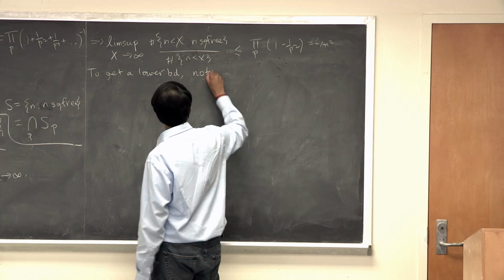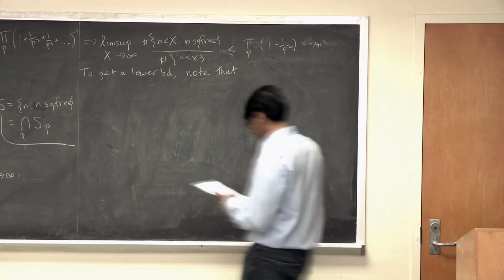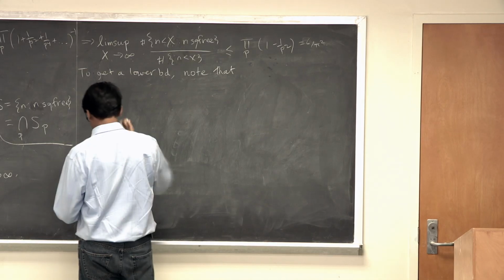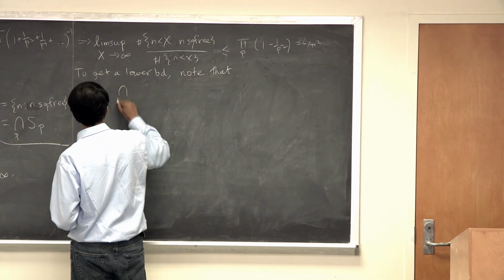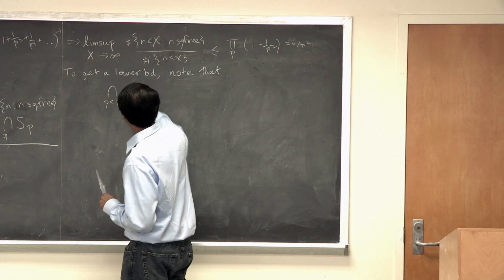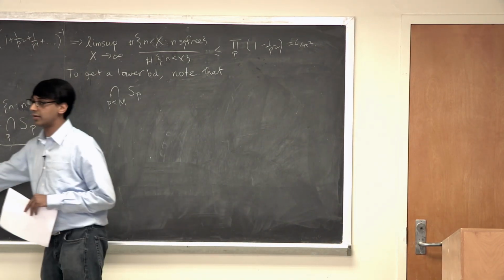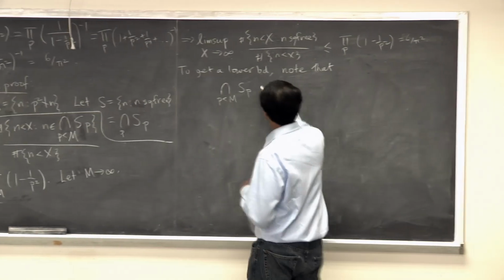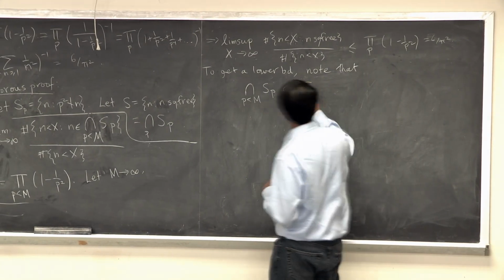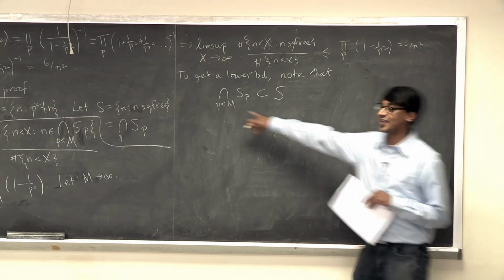well, you note that if you take the intersection, which we just computed, the density of all p less than m, the intersection of S_p, that's the density we just computed to be this. This is certainly contained in the set of all square free numbers, union the stuff that we missed over here.